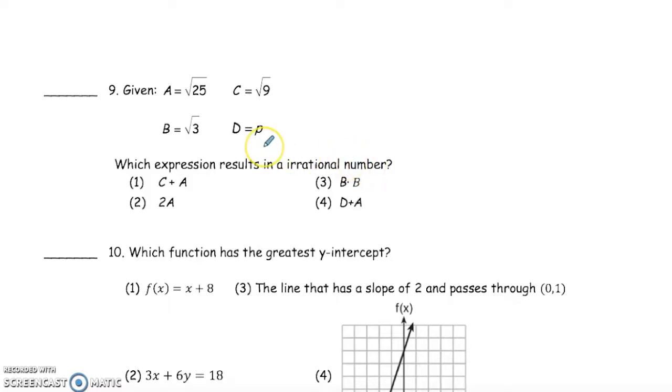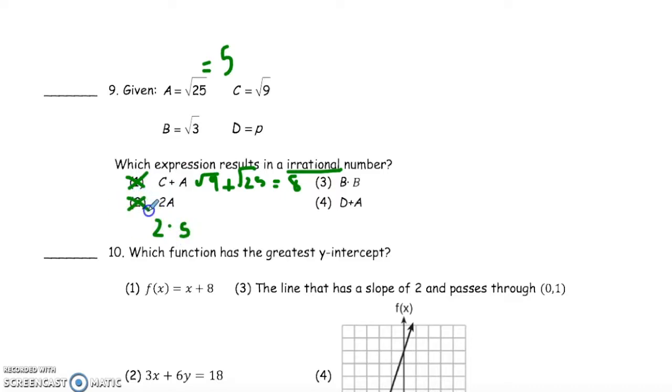Okay, number 9, given all this, which expression results in an irrational number? All right, c plus a, let's see, that's radical 9 plus radical 25. Guys, these are perfect squares, come on. This is 3 plus 5, this is going to be 8. So this isn't it. 2 times a. Well, we know a is square root of 25, that's 5. So 2 times 5 is 10.